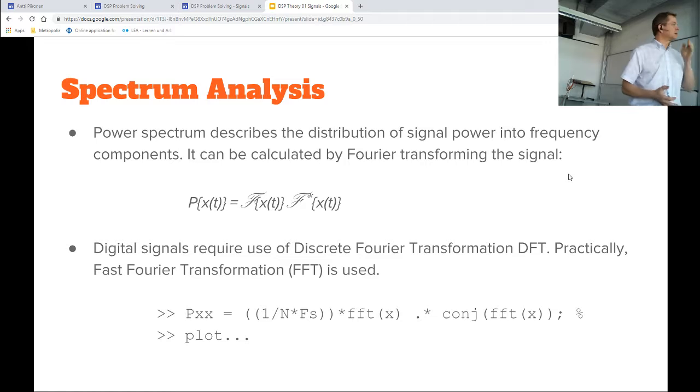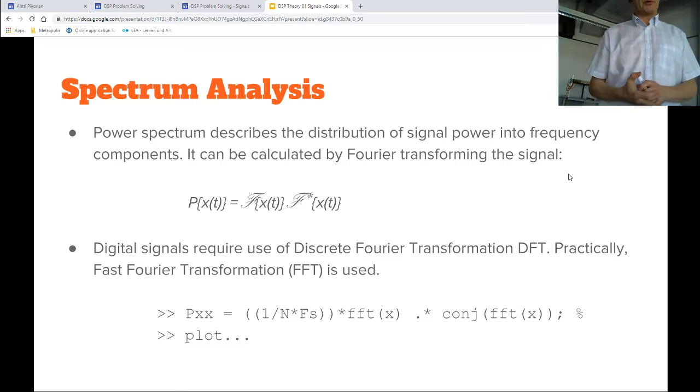Spectrum analysis. Okay. So we did something in the spectrum space already. The power spectrum describes the distribution of signal power into frequency components, meaning that if you have any signal and you want to break it into spectral components, you just do the Fourier transformation and then sum.